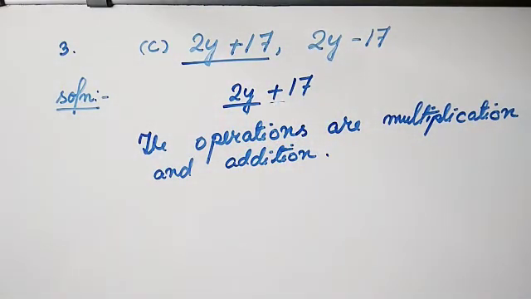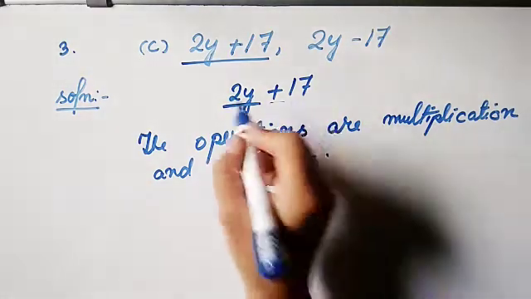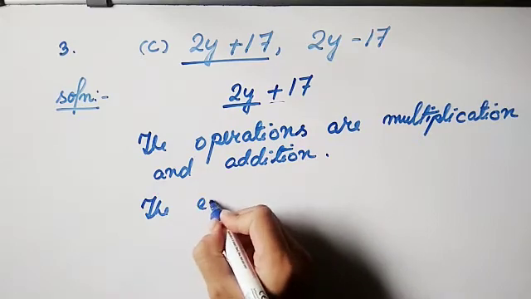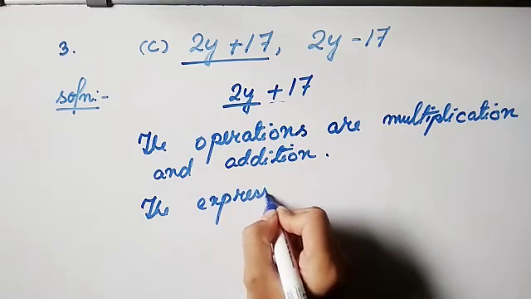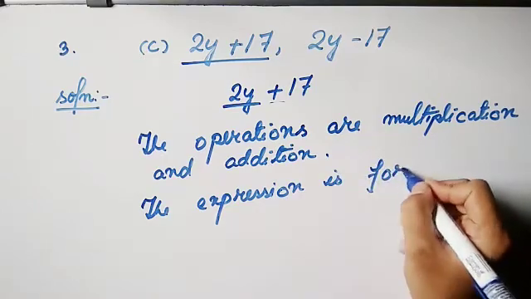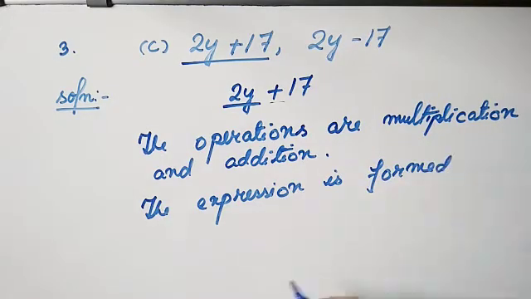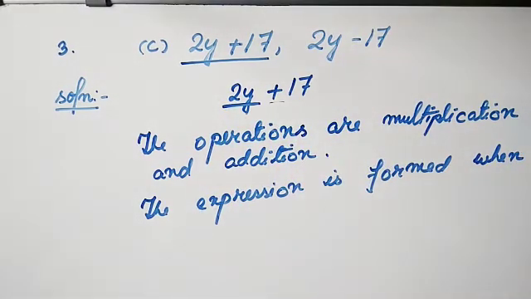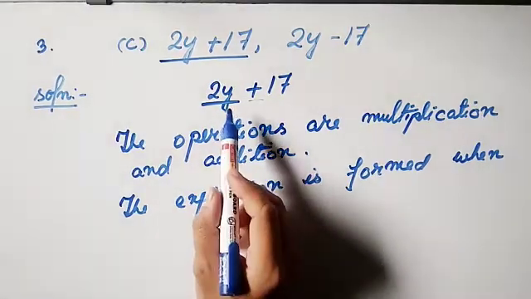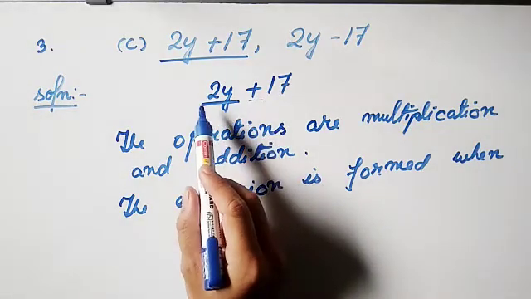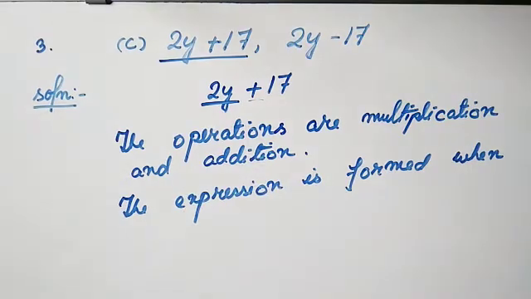Next, what we need to find is how this expression is formed, right? The expression is formed when, first of all, the variable y is multiplied by the number 2.